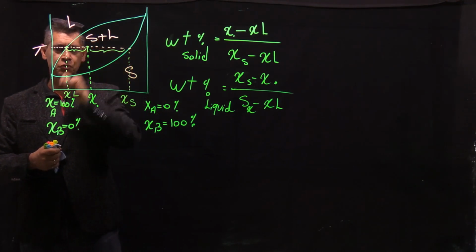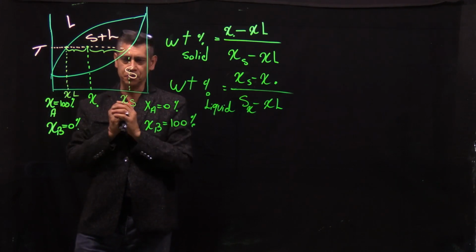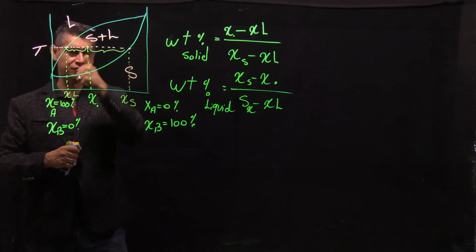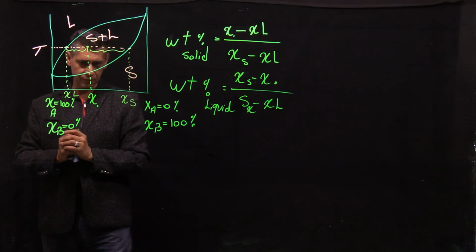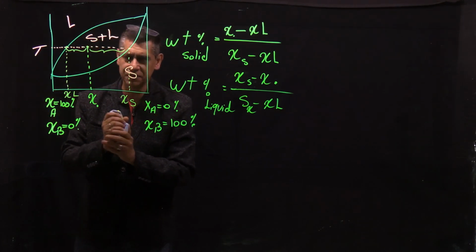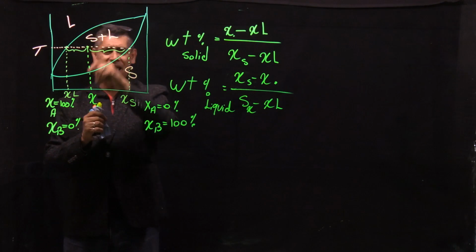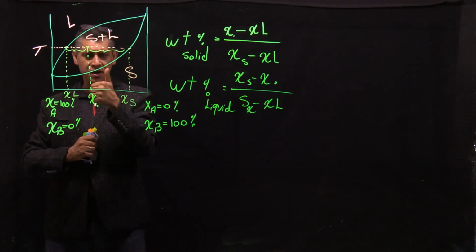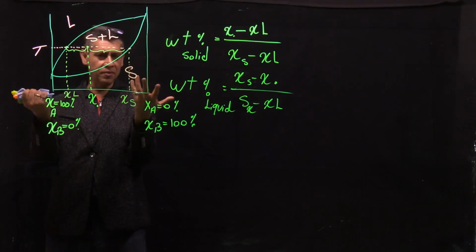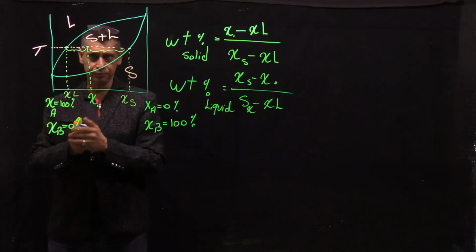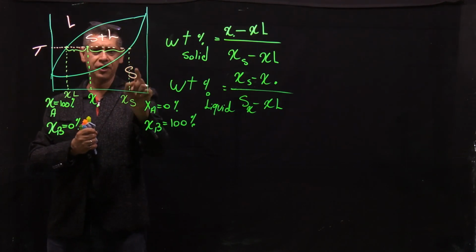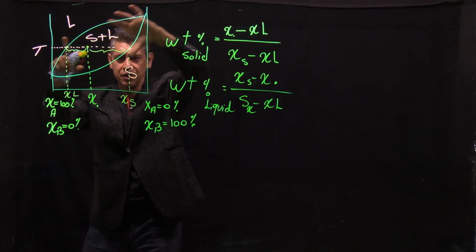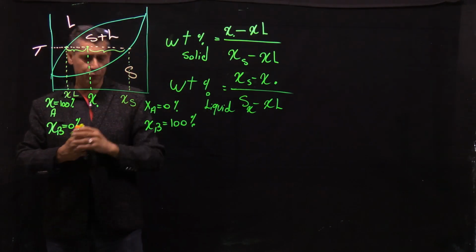So you are in a two-phase region. In this region, you have solid in equilibrium with liquid. At any point you always have to identify two things. One is how many phases do you have? What is the equilibrium? Here you have one phase, liquid. Here you have one phase, solid. In this region you have two phases, solid and liquid.